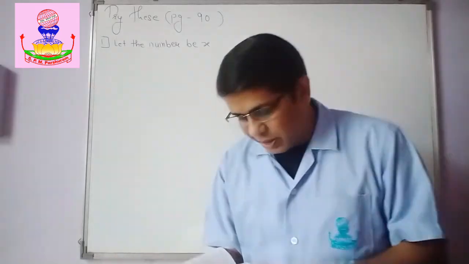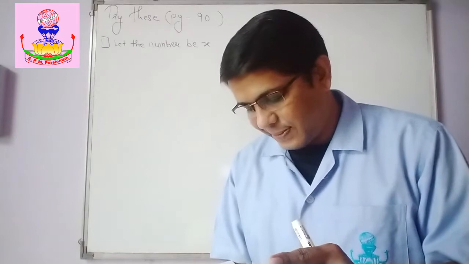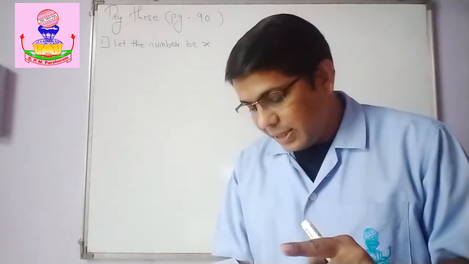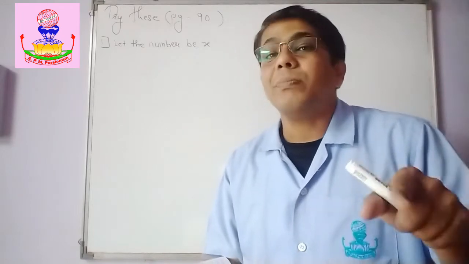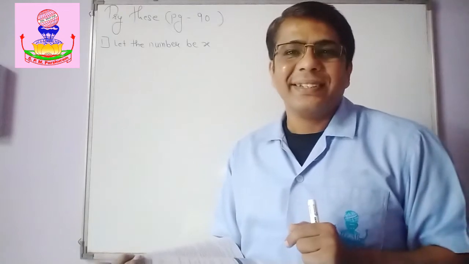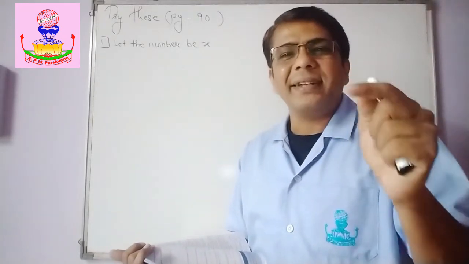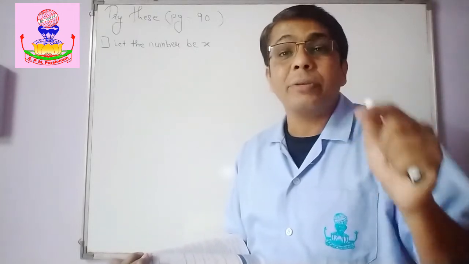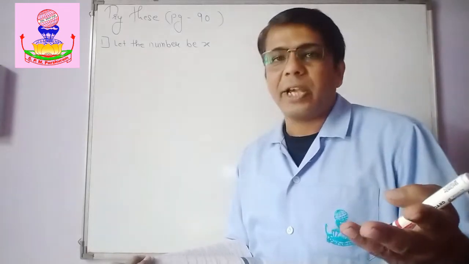Okay. So what did it say? When you multiply a number by 6 and subtract 5 from the product, you get 7. So when you multiply a number, which is that number? That number is x. So now here I am going step by step so that you will understand how to relate it. Actually you can directly put it in the equation.